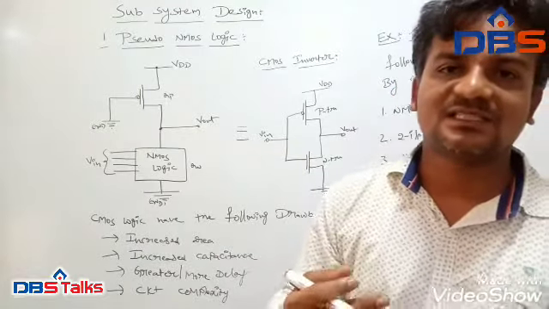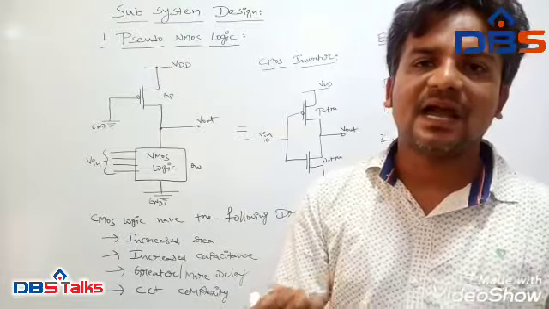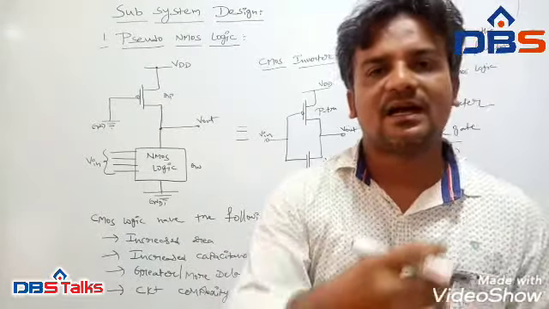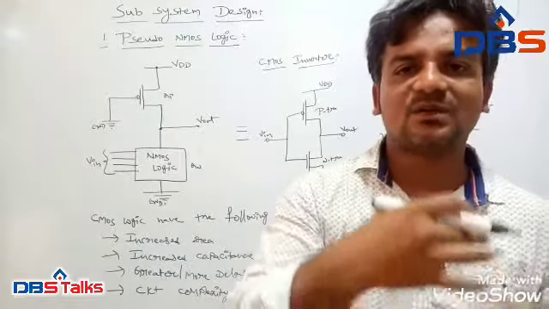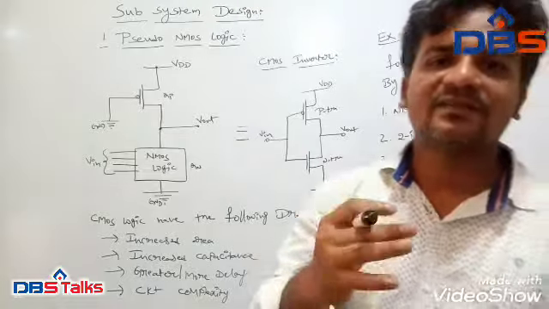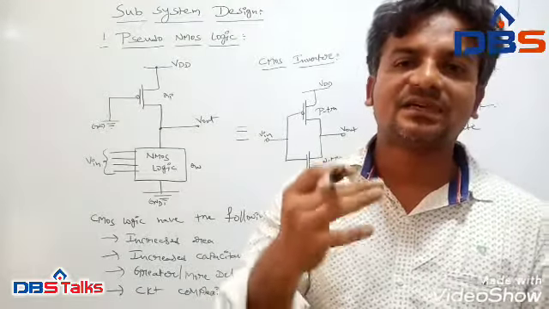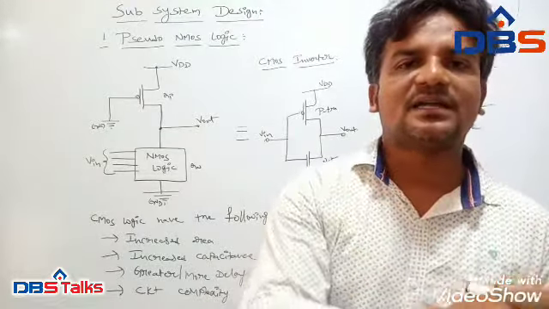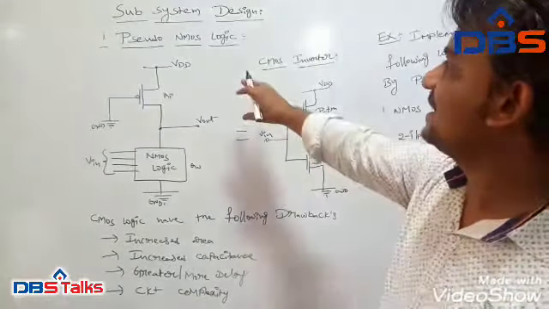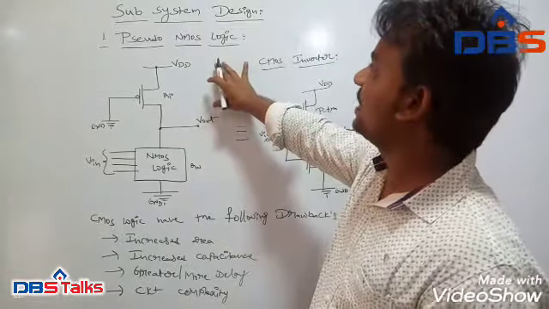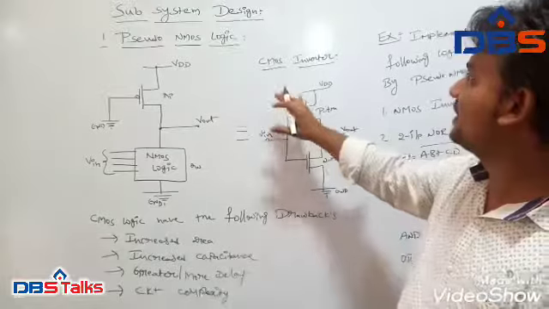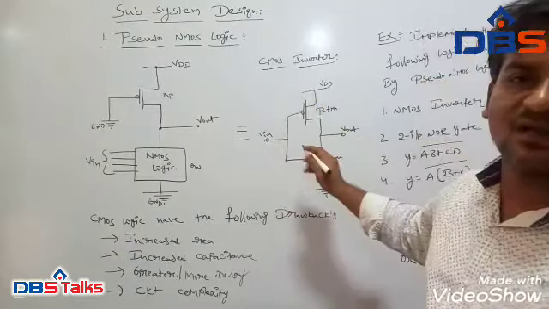Whatever the logic function, it can be implemented by different systems, whether as a PMOS circuit, an NMOS circuit or a CMOS circuit. We already designed different circuits using stick diagrams and layouts. Especially in pseudo NMOS logic, before going into it, I have to recall the operation of the CMOS inverter.